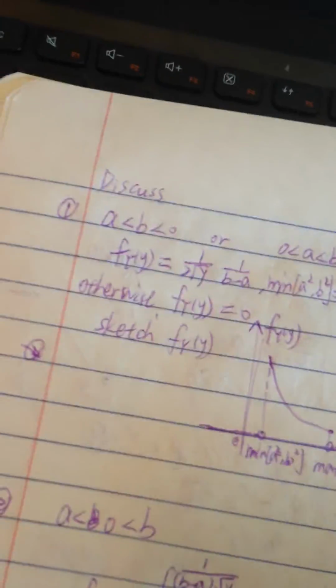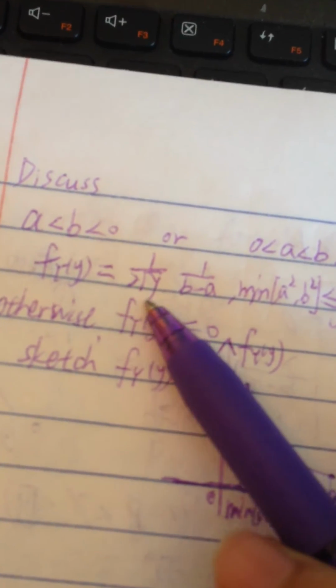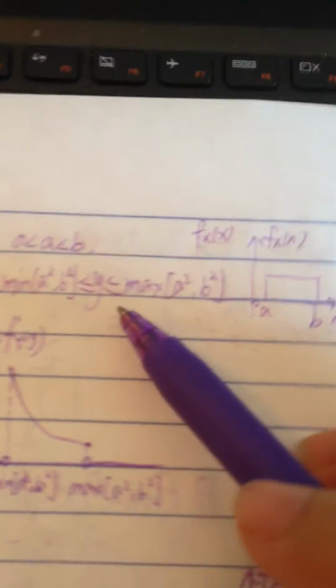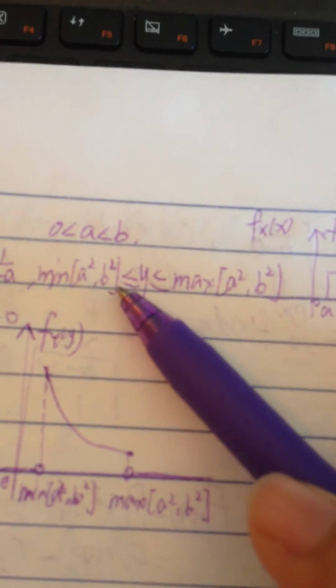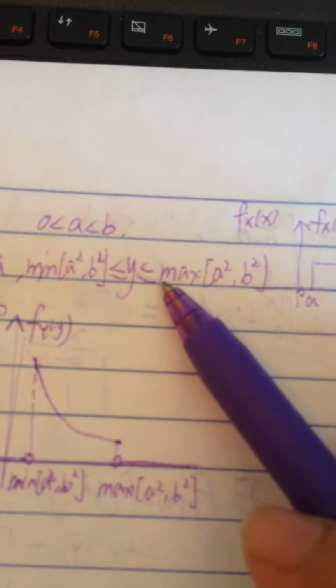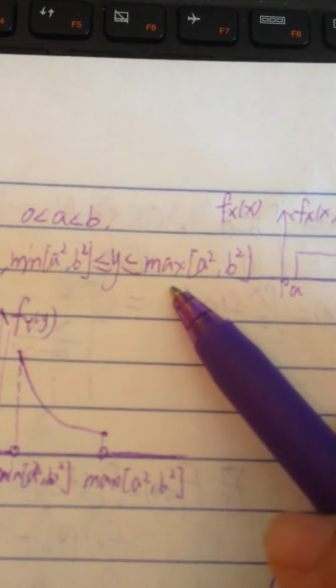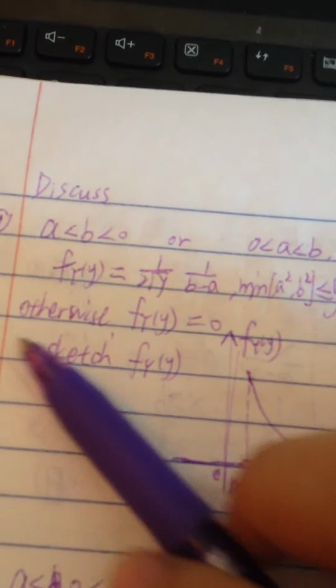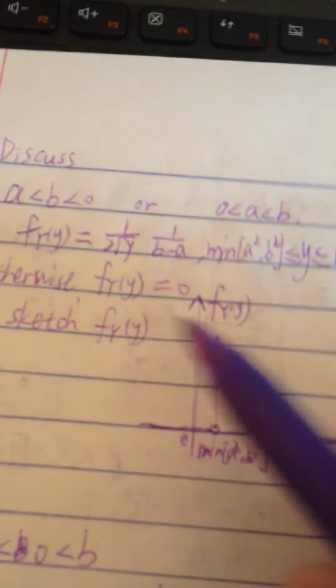So we can combine the two situations into one: fy of y equals 1 over 2 square root y times 1 over b minus a, when y is no less than the minimum of a squared and b squared and no greater than the maximum of a squared and b squared. Otherwise, fy of y equals 0.